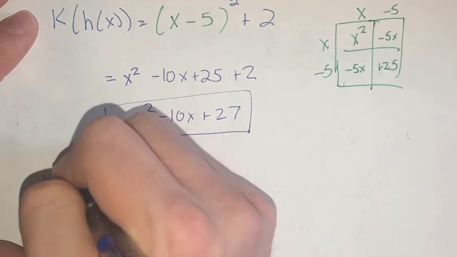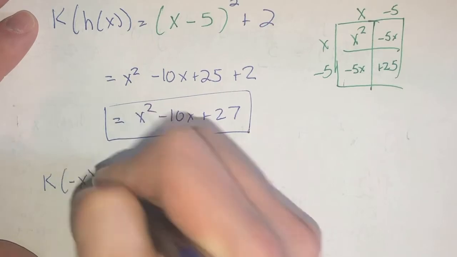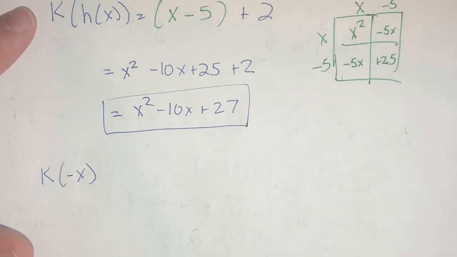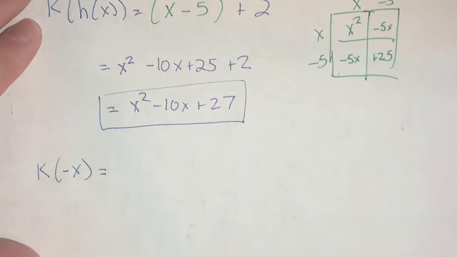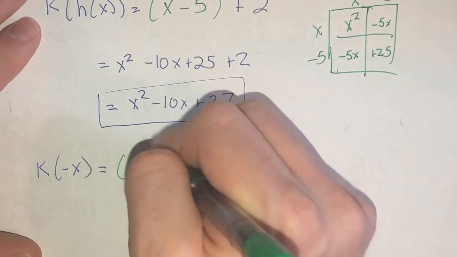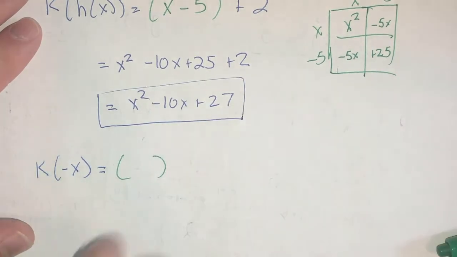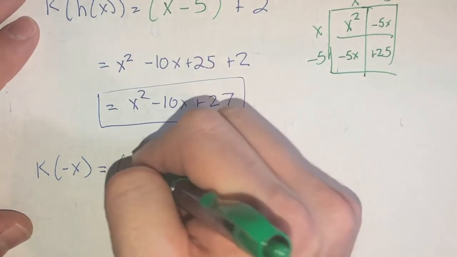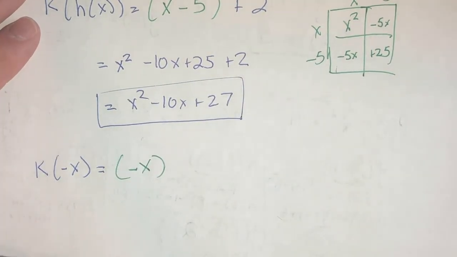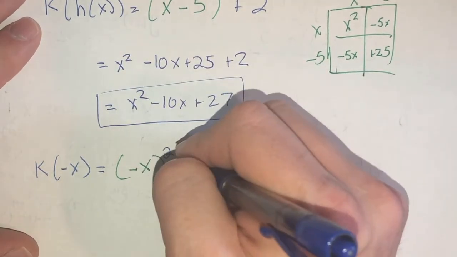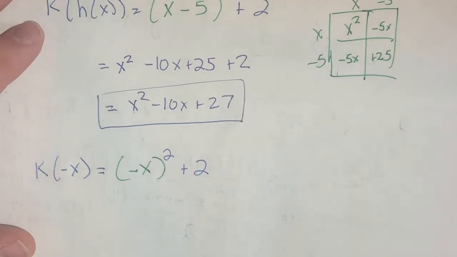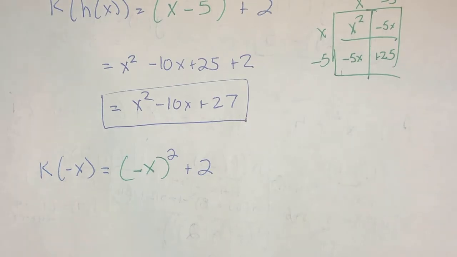So let's say I plug in k of negative x. What does that mean? Well, wherever I see an x, I'm going to plug in negative x. Now notice, what's negative x times negative x?